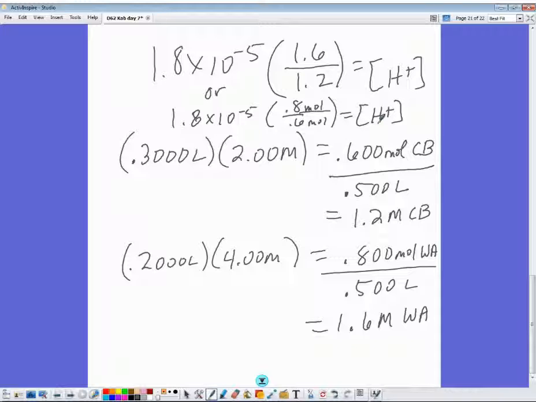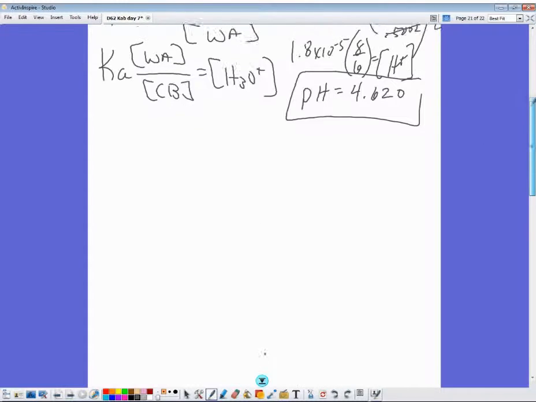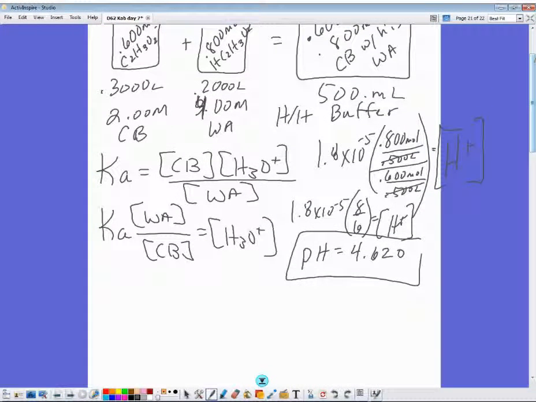Why? Because they're in the same total volume now. So moles divided by total volume divided by moles divided by total volume, that total volume value goes away. And that's what I was trying to show y'all right here. You see how my total volume goes away? So you can do it either way.